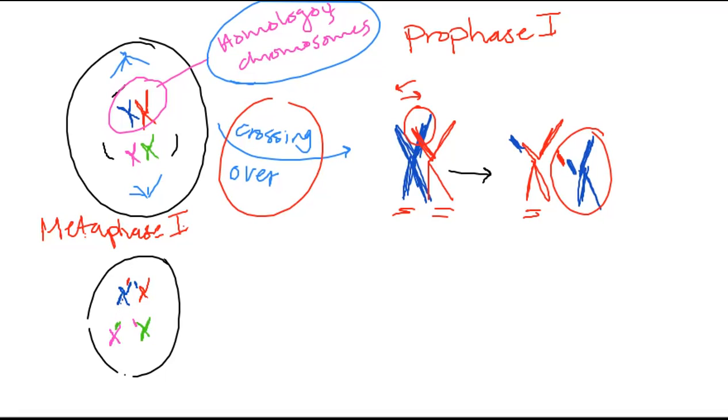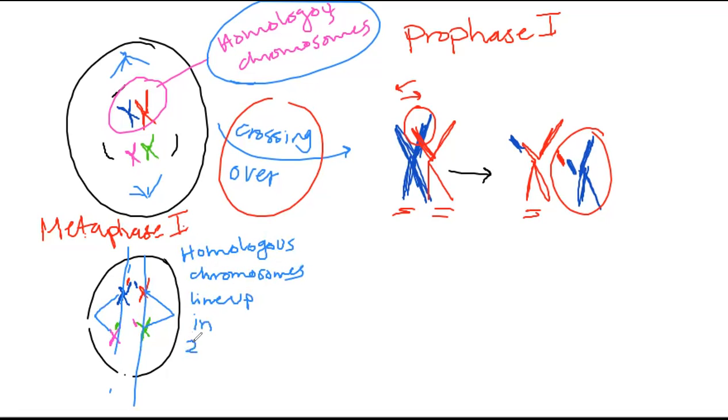They line up because of the effect of the spindle fibers. The spindle fibers hold them like that. So they line up in 2 lines, not 1 line as usual in mitosis. So here we see that homologous chromosomes line up in 2 lines at the center of the cell.